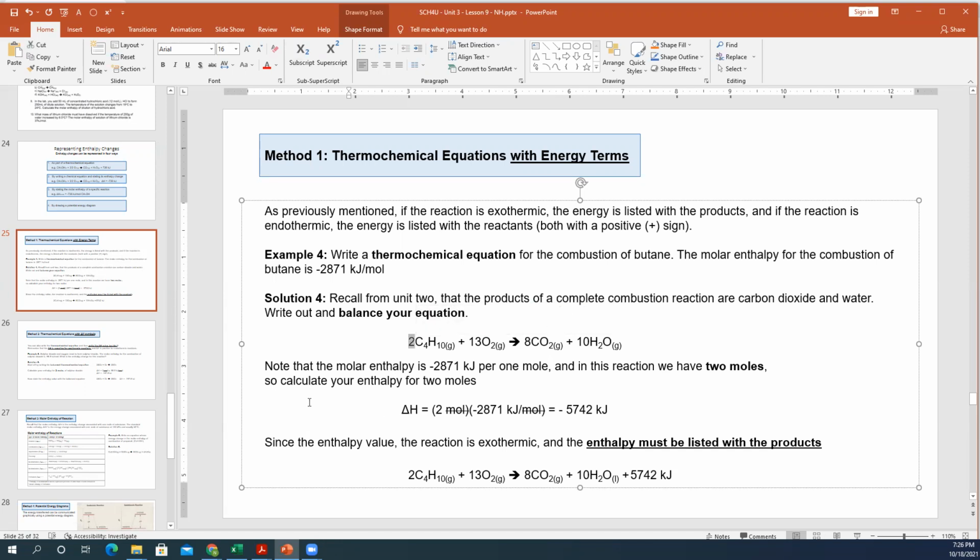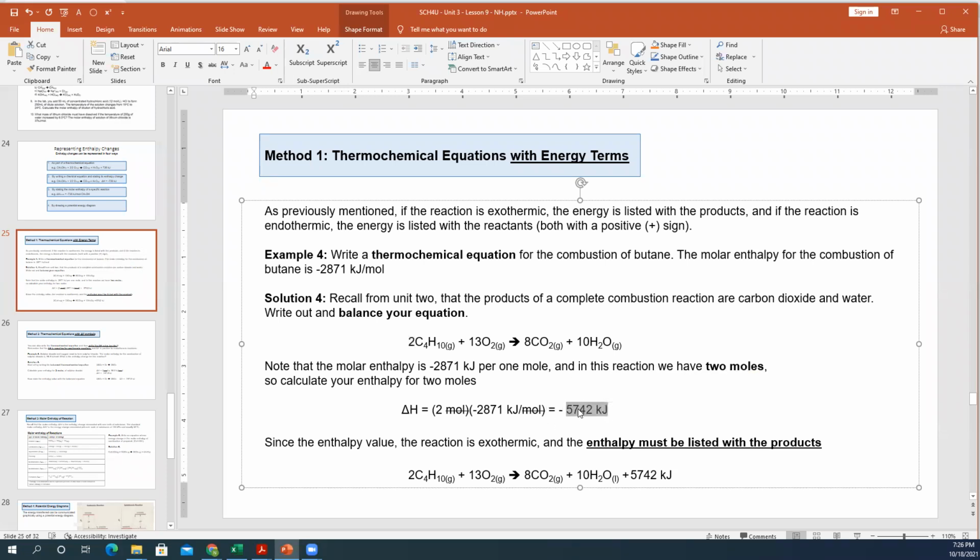So calculate your enthalpy for 2 moles. If we're going to write it as a part of this equation, we need to make sure that this value that we're going to be putting in here corresponds to 2 moles, not 1 mole. This value was per mole, 1 mole. So we want to multiply it by 2 to get 5,742 kilojoules.